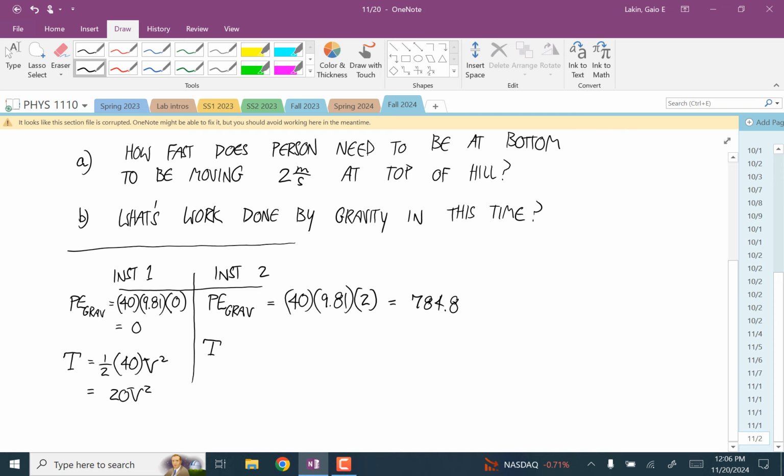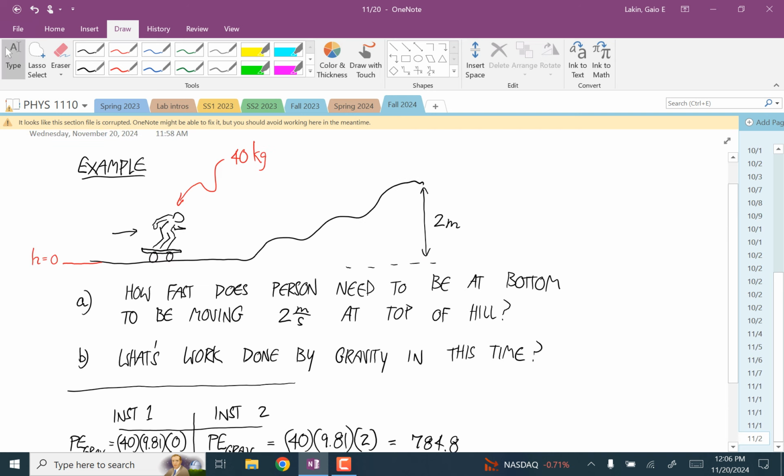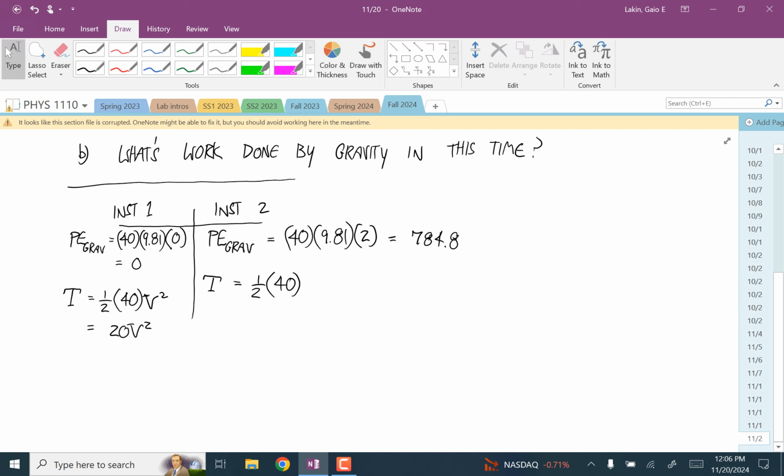And then the kinetic energy at the top of the hill is 1/2 times the mass times the speed squared. I said at the top of the hill, the person is going 2 meters per second. So this is 2 squared. And so we get 80. So this is in joules, this is in joules.